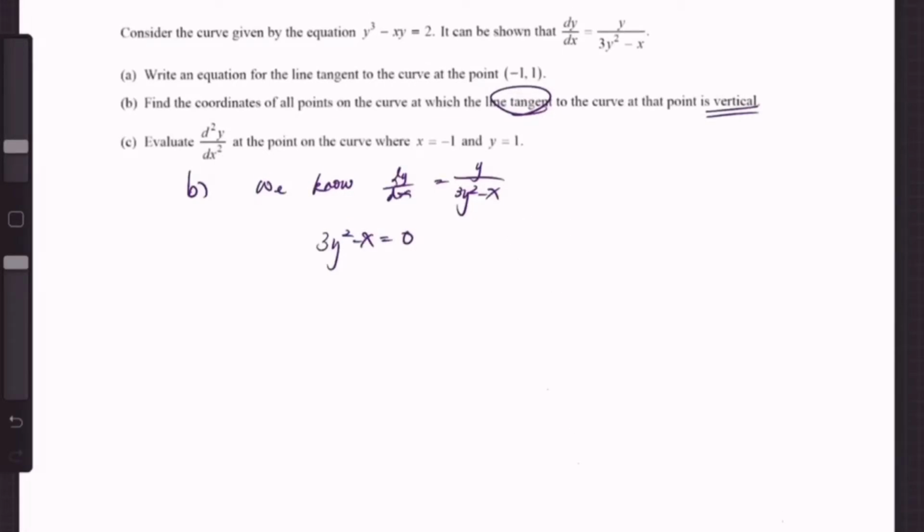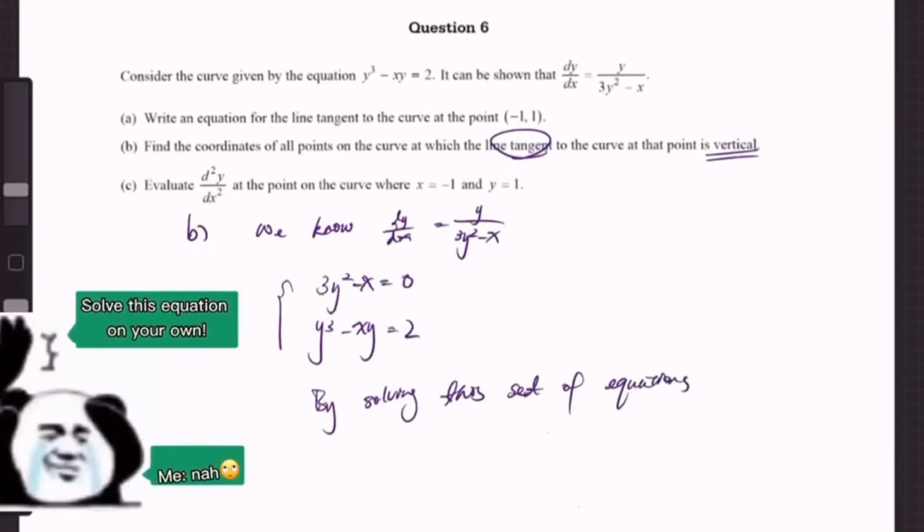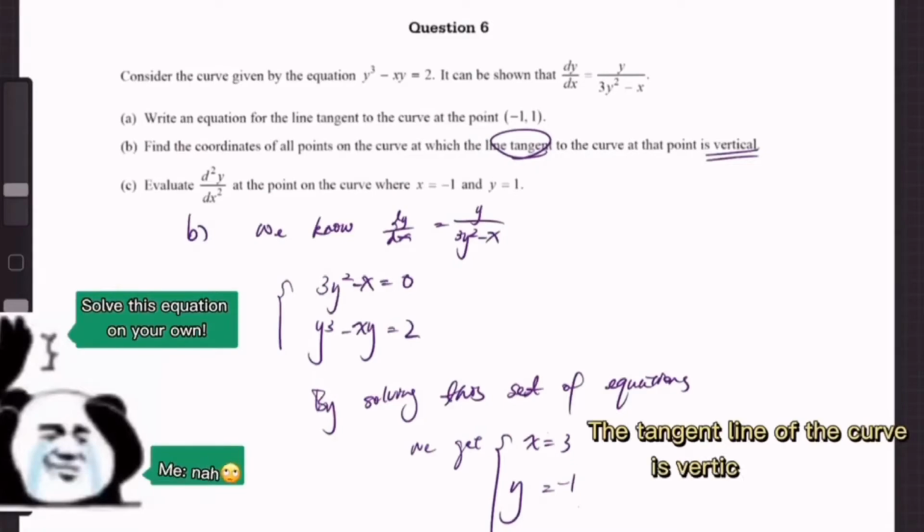From the problem, we also know that y cubed minus xy equals 2. To solve this system of two equations, we get x equals 3 and y equals -1. Therefore, the tangent line of the curve is vertical at the point 3, -1.